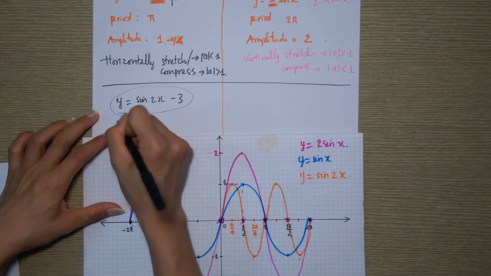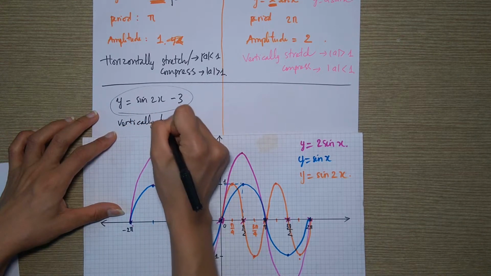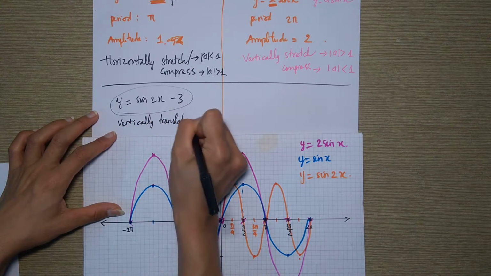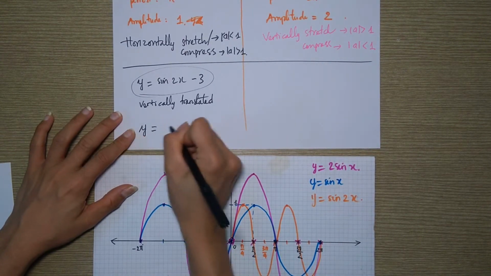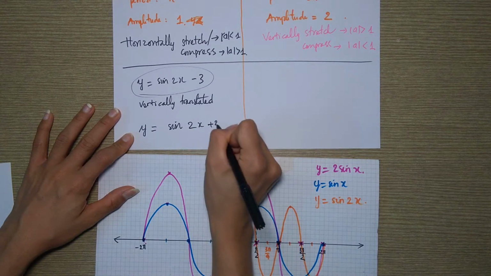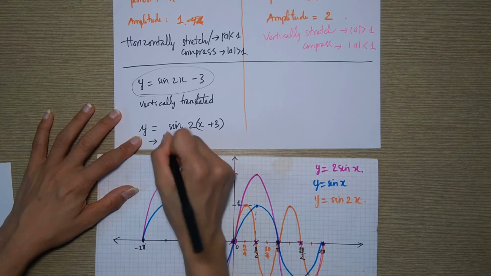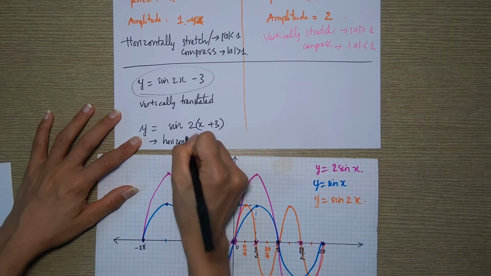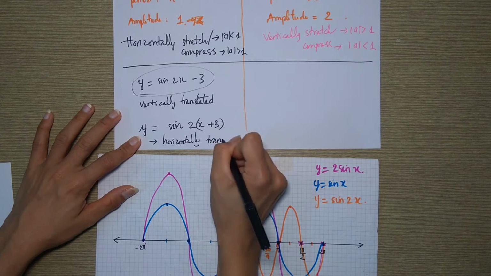This is vertically translated. Or if you see something like y equals sine 2x plus 3, like this, this is horizontally translated.